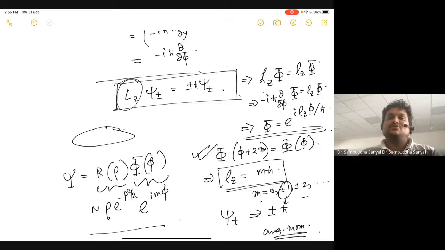So I'm just showing it as a phenomenological statement, not as a rigorous statement. But later you will realize this whole thing is part of the structure you have already understood. Because the problem has a symmetry, it has a conserved quantity according to Noether's theorem. That conserved quantity is Lz. That conserved quantity commutes with the Hamiltonian. Because it commutes with the Hamiltonian, they have a common eigenvector, and this is the common eigenvector. Okay, this is the picture.